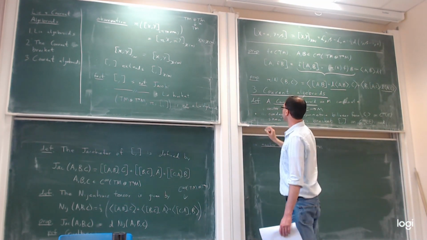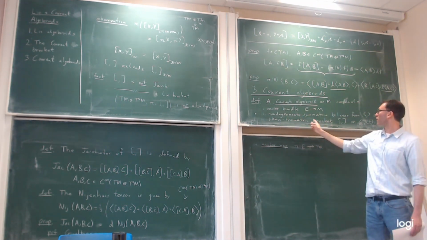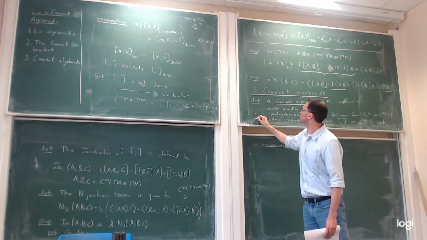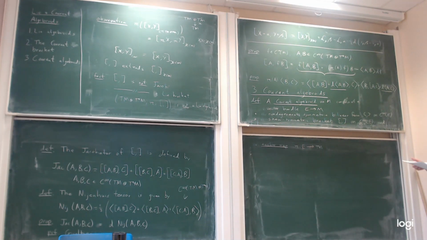And the second thing that's different is that our bracket on the sections is now just a skew symmetric bracket. What is skew symmetric? It's just antisymmetric: you switch the elements and you pick up a negative sign.